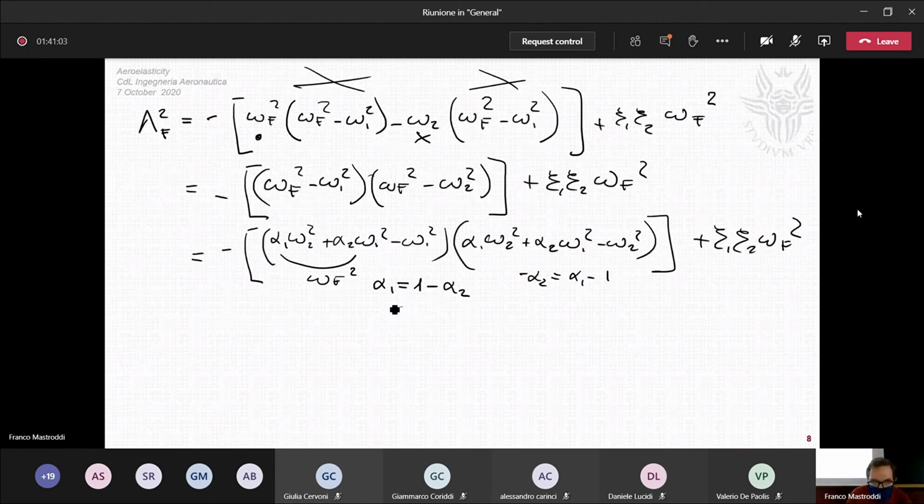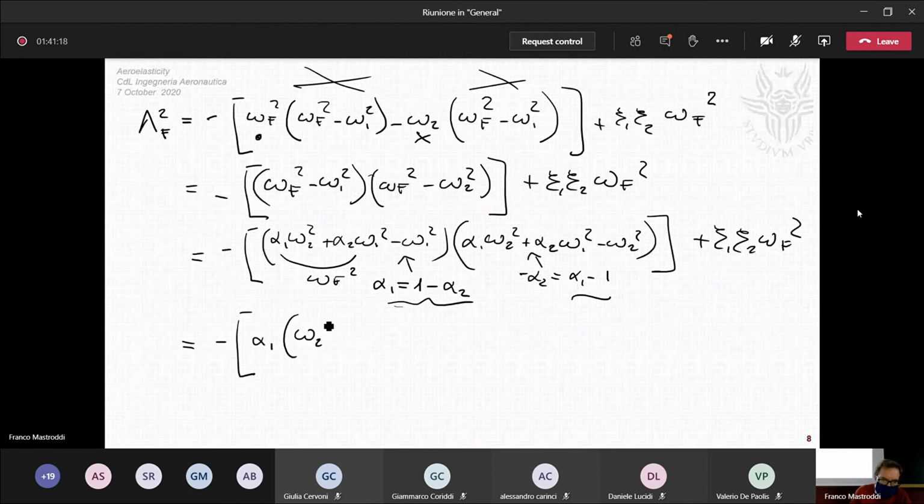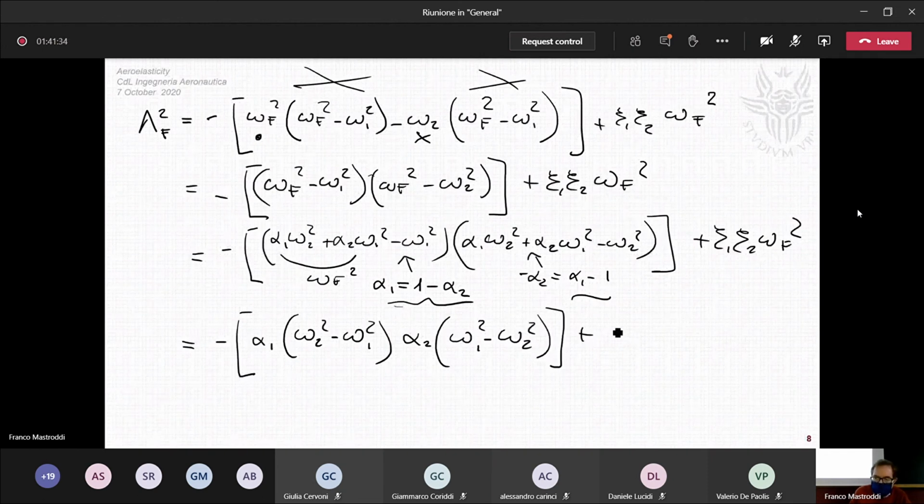You can apply these two formulas here and here. You easily obtain this minus alpha 1 by omega 2 square minus omega 1 square, and alpha 2 omega 1 square minus omega 2 square. Interesting manipulation. And then zeta 1, zeta 2, omega flutter.